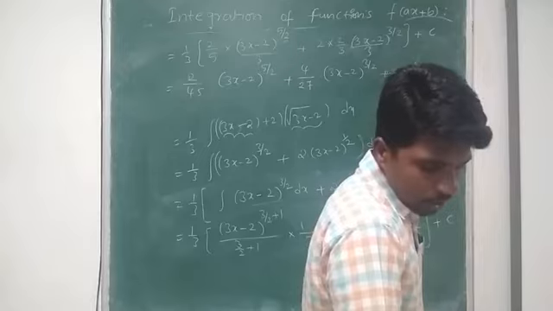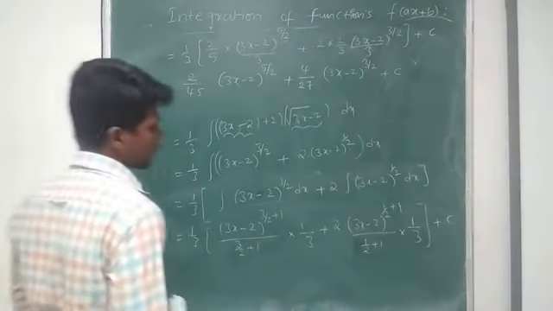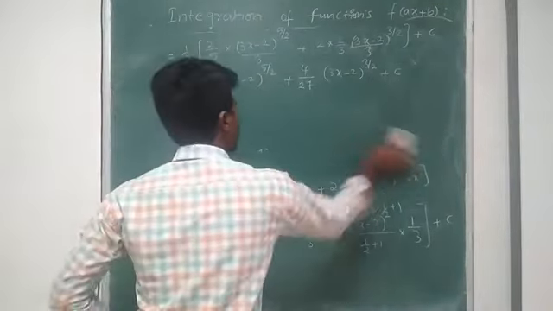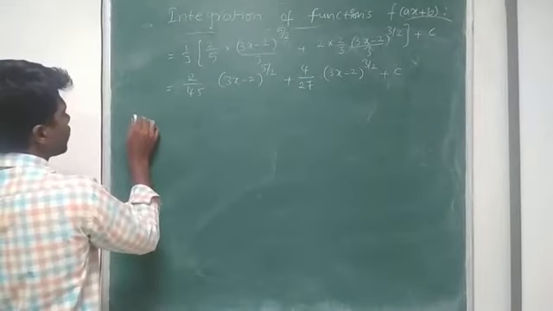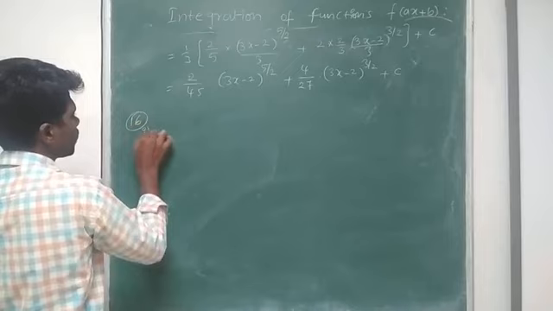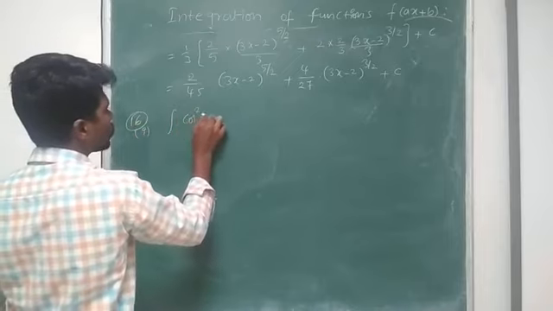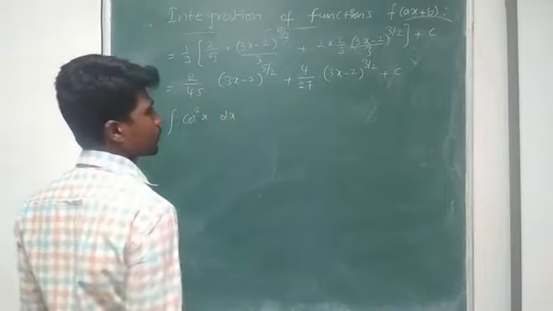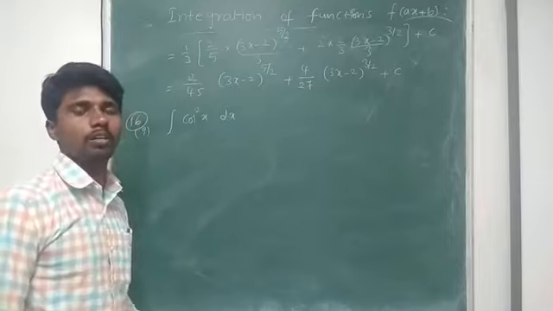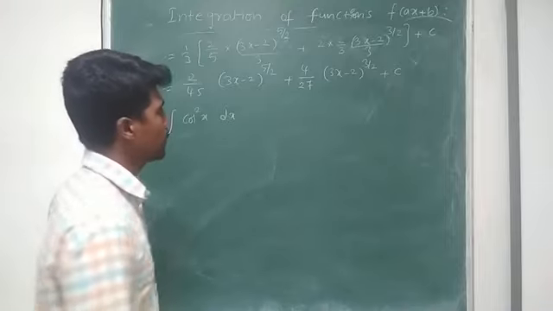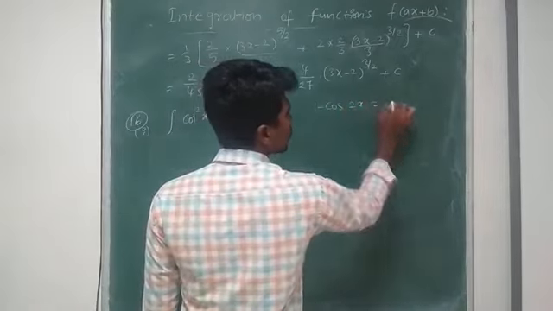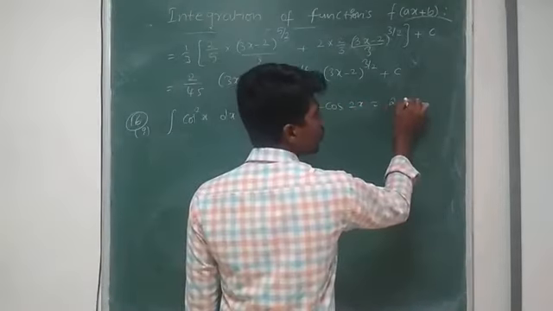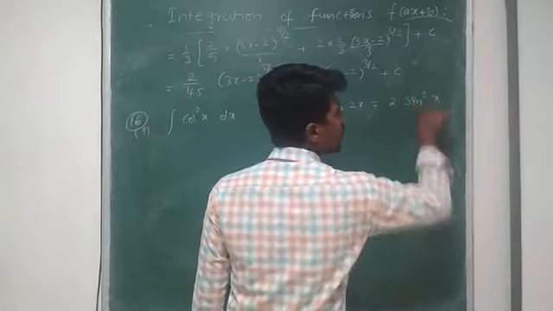If I have the integral of cos square x dx, once again I want to recall the multiple and submultiple formulas. I can write 1 minus cos 2x as 2 sin square x.